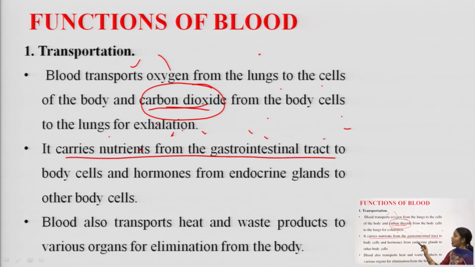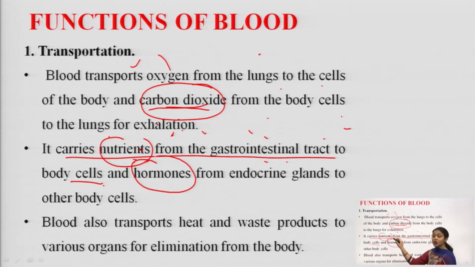The nutrients absorbed from the GIT by digestion must reach your tissues, and that is only through your blood. The blood also carries hormones, which are secreted from the endocrine glands directly into your blood, to the body cells.